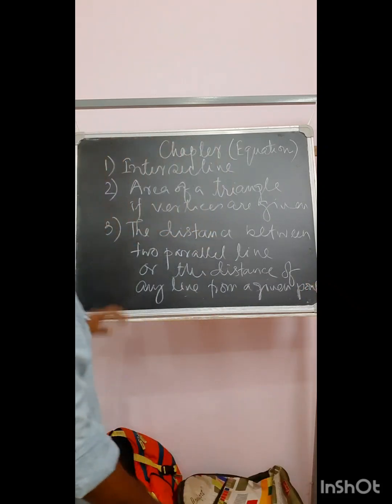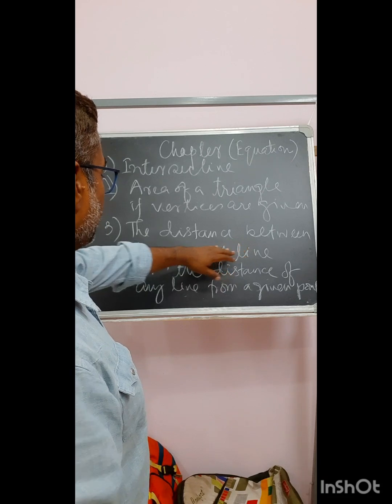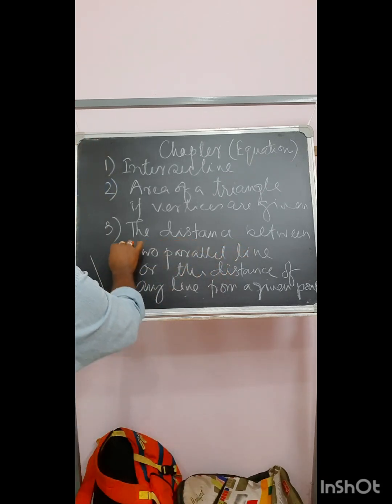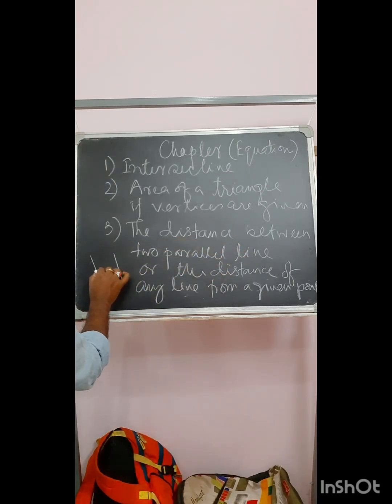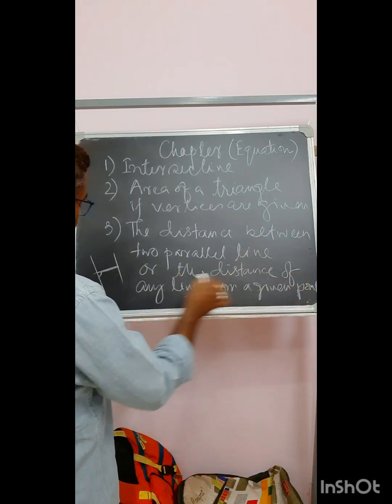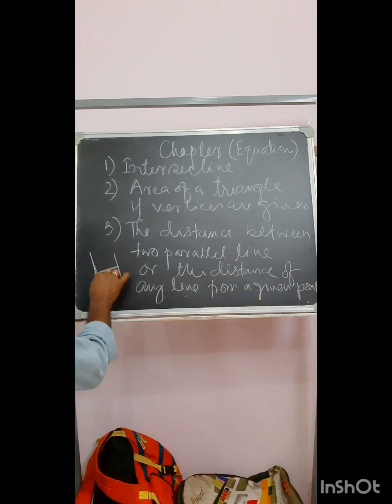Okay, so these things are the same. If I say the distance between two parallel lines, where the distance means the minimum distance between the two parallel lines, which would be the perpendicular distance between the lines, it is the same as the distance from any other point to the line.